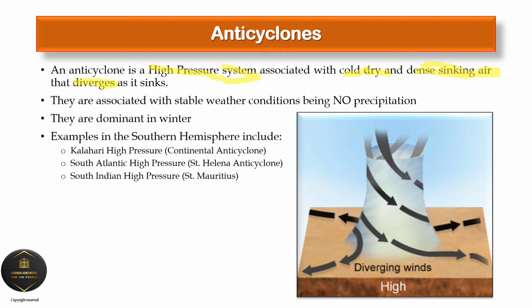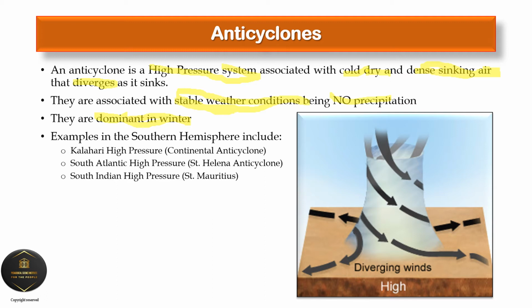And we say they're associated with stable weather conditions because we don't really have cloud cover forming and no precipitation being formed as a result. So you must remember that point. And we know that now they will be dominant in winter, because in winter it's colder. So they bring these cold conditions in winter.